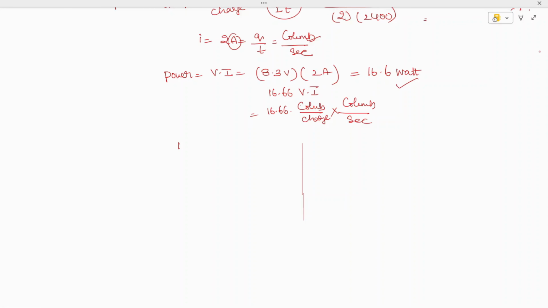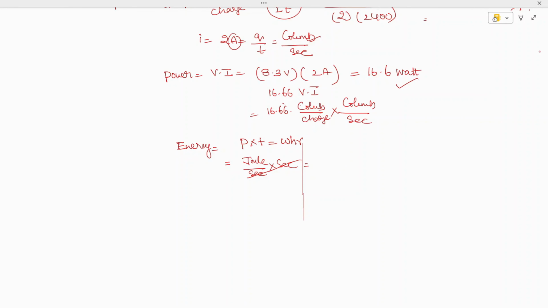If you want to write the energy, energy is equal to power into time taken, which can also be written as watt hour. The formula for power is joule by second into second, so the seconds cancel out and you get joules.